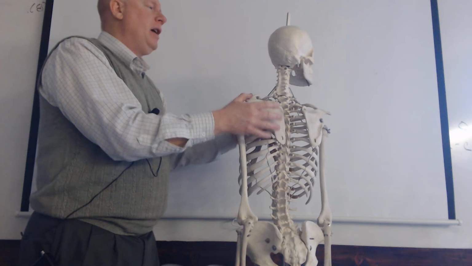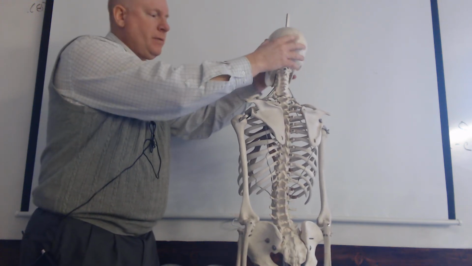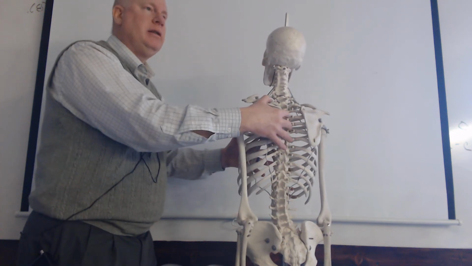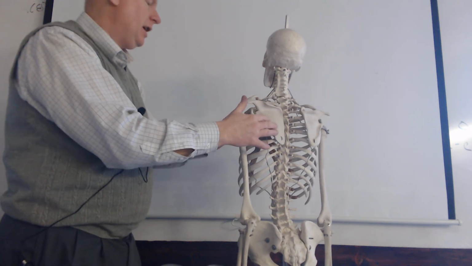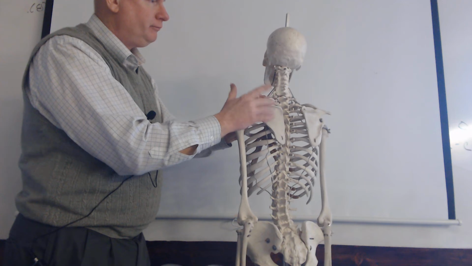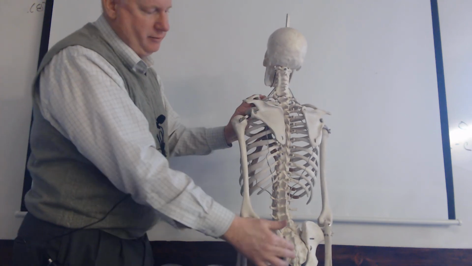So when we're talking about the axial skeletal system, we've got the skull here, the vertebral column, and then your rib cage. Your clavicle, I almost said sacrum, that's not right. Clavicle, because the sacrum's down here.